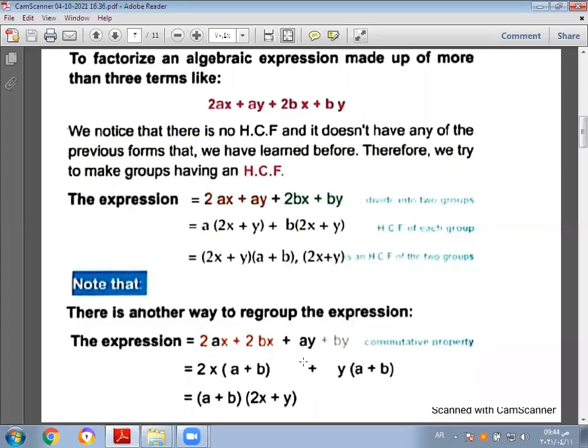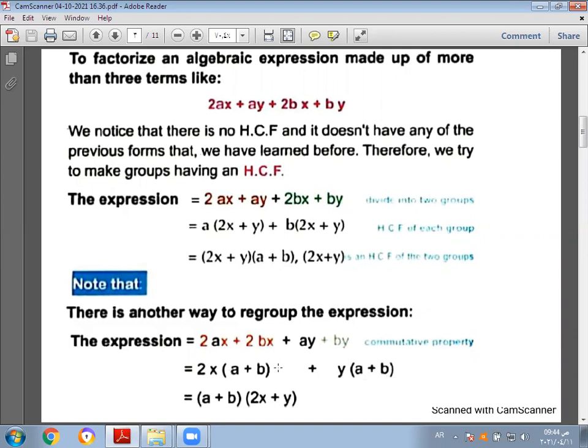In third and fourth, we find the common is y. We take y as HCF. Then the remainder will be a plus b. After we take the first HCF in first and second parts, we find the bracket a plus b is common with a plus b in the second, okay?